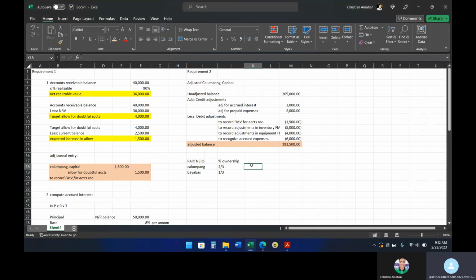Now, if the two-thirds interest is the adjusted balance of partner Kalumpang, we have to compute how much the 1/3 is.